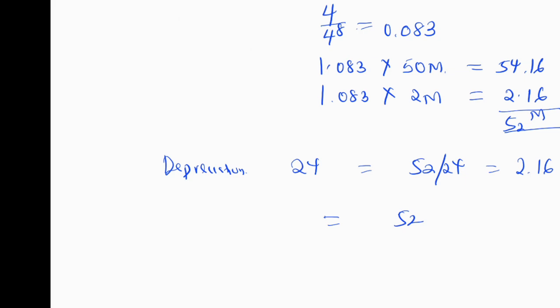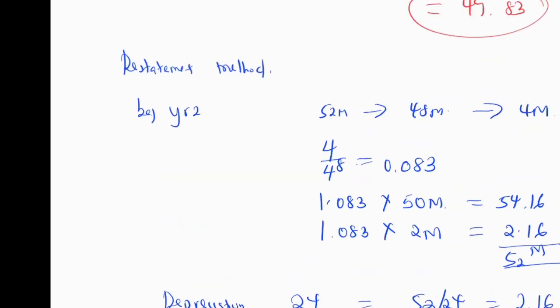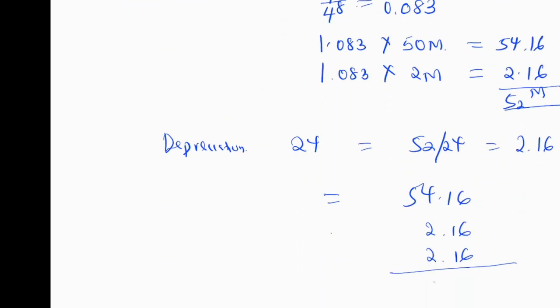Your new asset value, since we have restated, is 54.16. The depreciation for the current year is 2.16, and the accumulated depreciation for the previous year is 2.16. So again, you will arrive at the same result, 49.83.